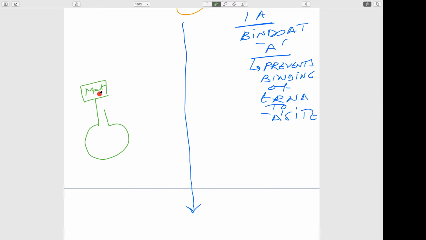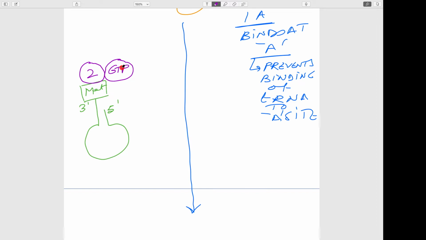Here is the difference from the prokaryotes: in the prokaryotes it is formylmethionine, in the eukaryotes it is methionine. And there is also a binding of factor 2, and it will have the GTP, the factor 2 and GTP.